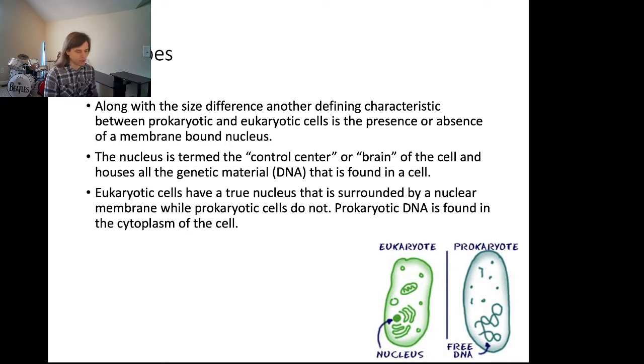It keeps all the DNA shielded and safe from enzymes floating around inside the cell that might damage or destroy it. Whereas prokaryotes don't have that. Their DNA just floats around inside their cytoplasm, sometimes in a big blob. And that's the difference between the two: that protected DNA or that kind of naked DNA that just floats around inside of the cell.